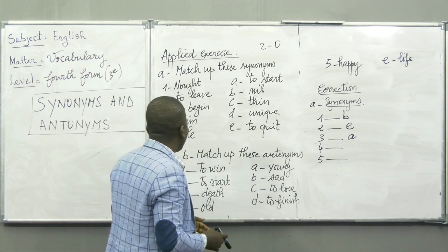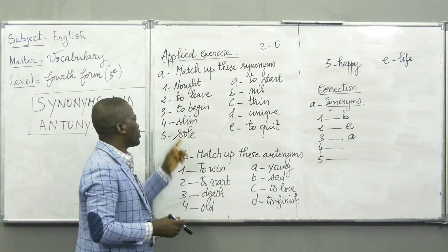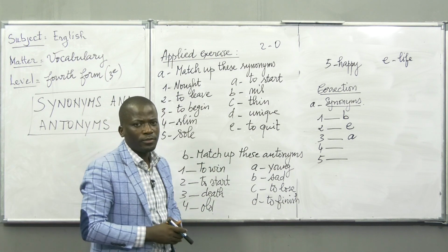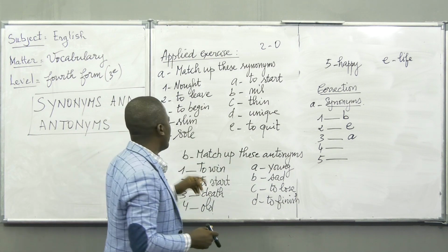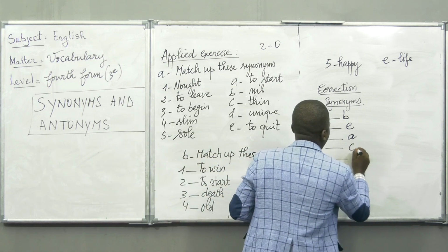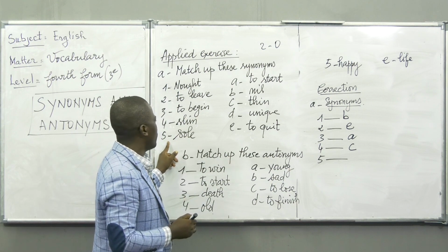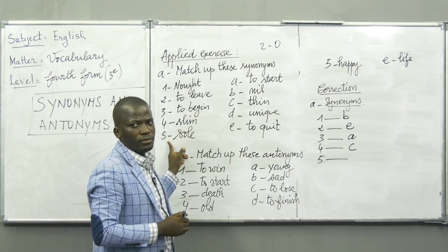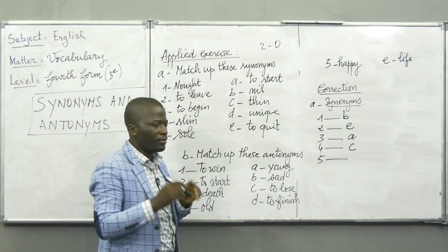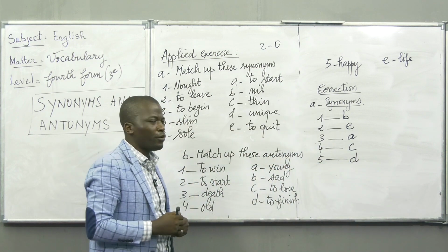What is the synonym for slim? Try to see. Good. Slim goes with thin. Then I write letter C. The last one, soul. It goes with D, then unique. Then I write D. Thank you for this first part.